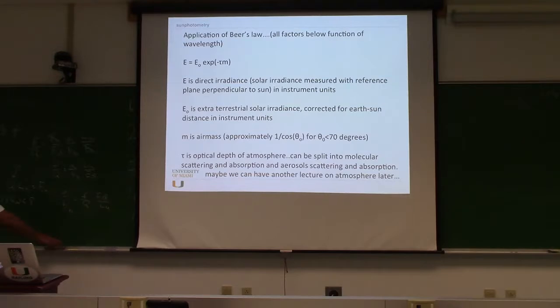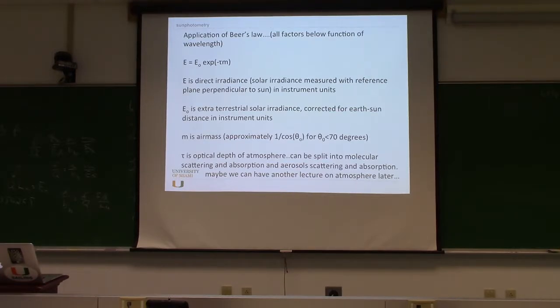The idea is that if you have the extraterrestrial solar irradiance, so there's the top of the atmosphere. Here's the bottom of the atmosphere. Here's 1 atmosphere distance. The light's coming in here through some slant path.